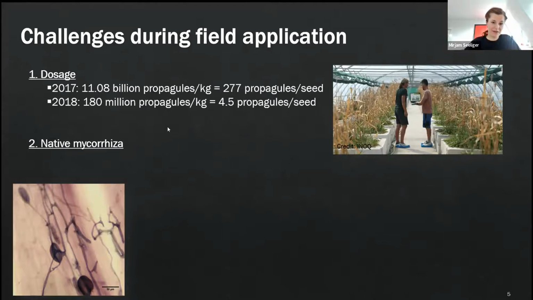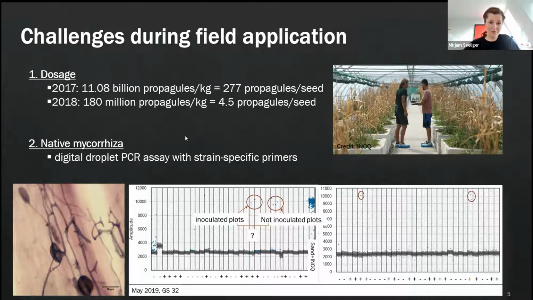And therefore, we came up with a digital droplet PCR assay, which is known to have very high sensitivity for small amounts of molecules. And we designed specific primers that would only target the strain of Rhizophagus irregularis that we applied to the field. So here you see samples.